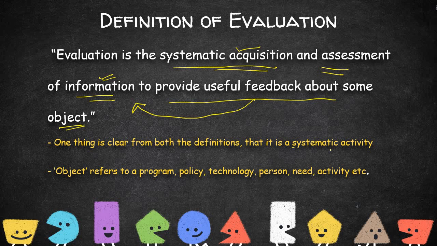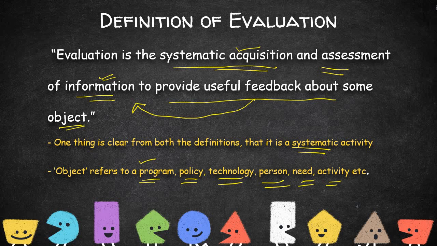So one thing is clear, that both definitions say that assessment is a systematic activity, and object means a lot of things. It could be a program, or a policy, a technology, person, need, or activity.